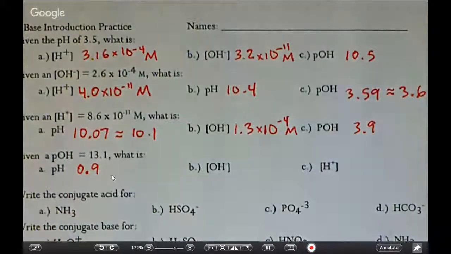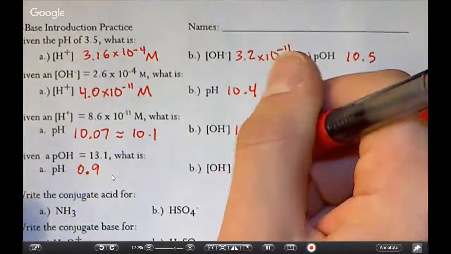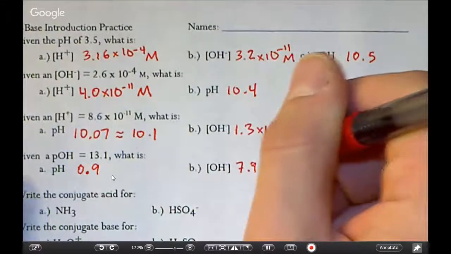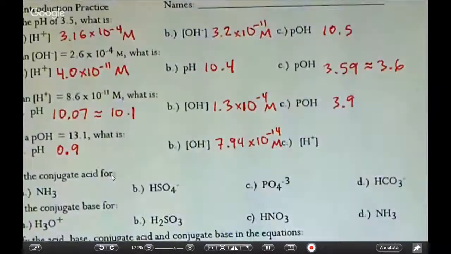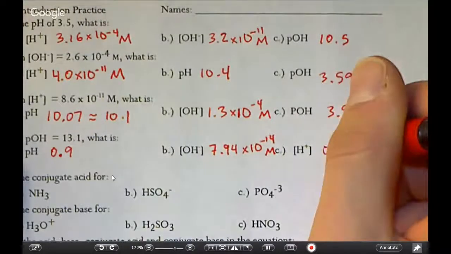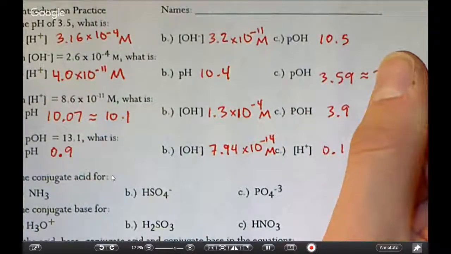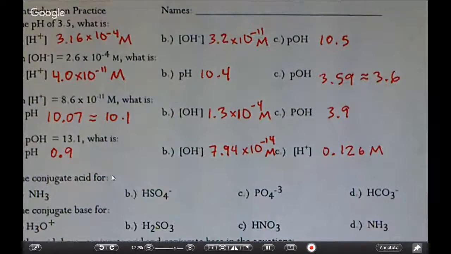For 4, there's our pH. There's our hydroxide concentration. There is our H plus concentration.